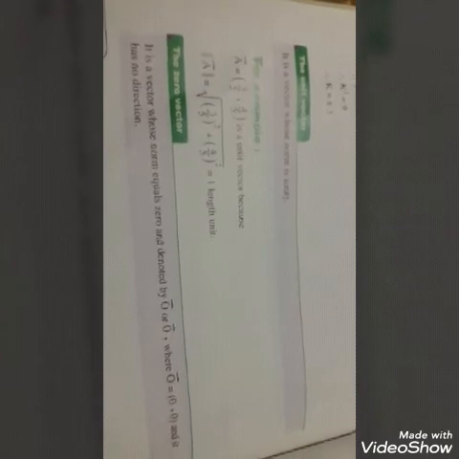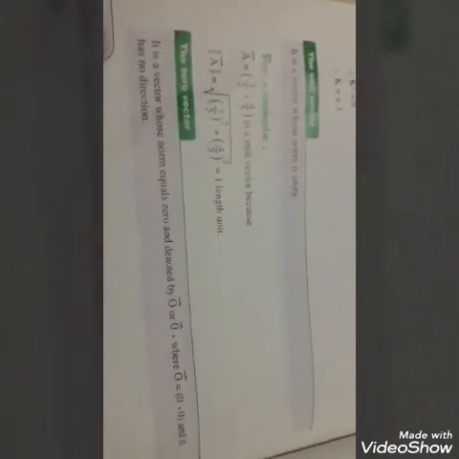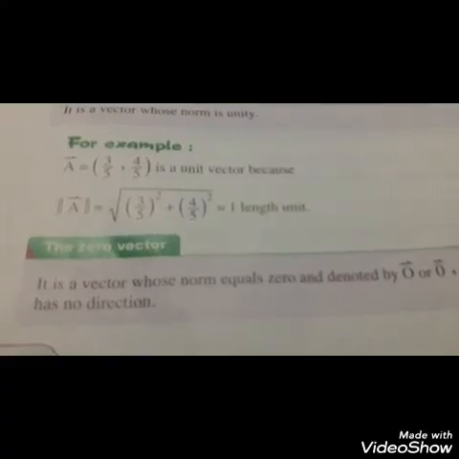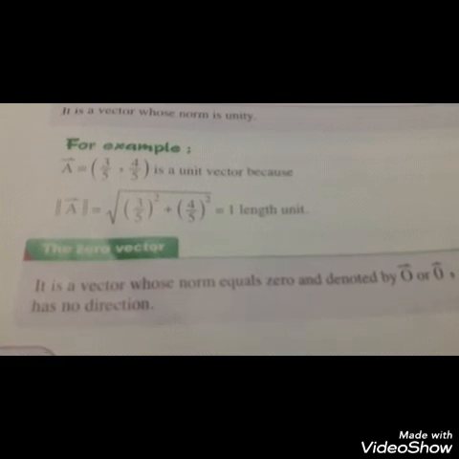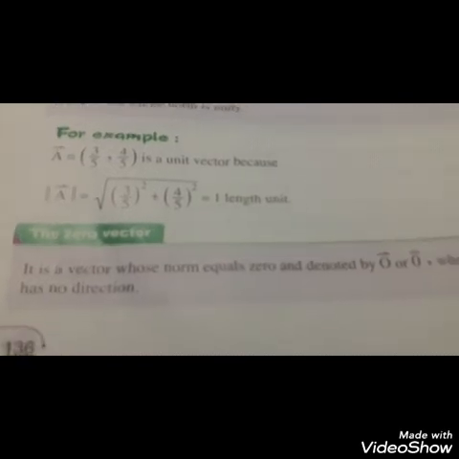the vector A equals 3 over 5 and 4 over 5 is a unit vector because the norm of the vector A equals the square root of 3 over 5 all power 2 plus 4 over 5 all power 2, which equals 1 length unit.